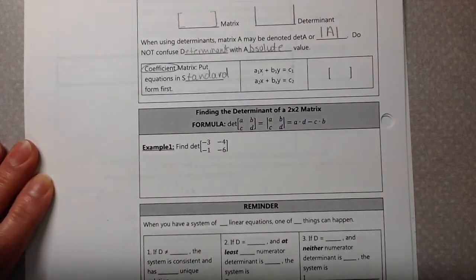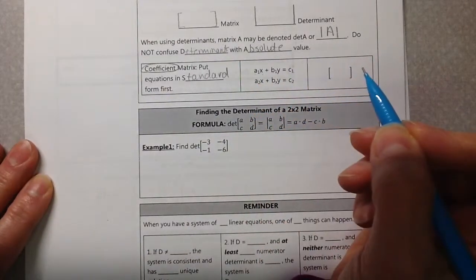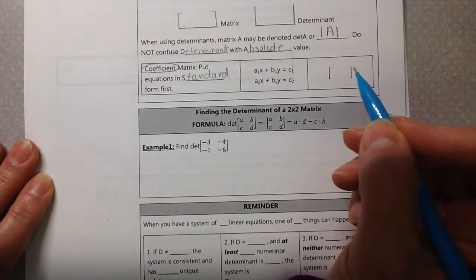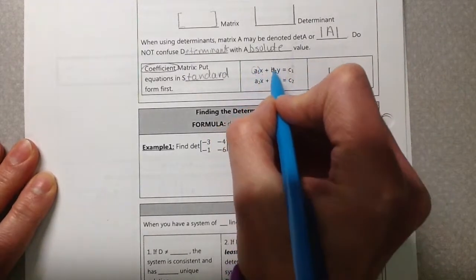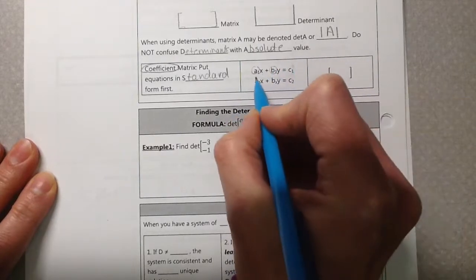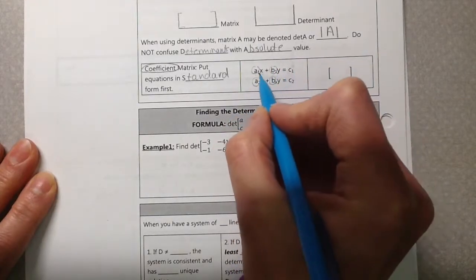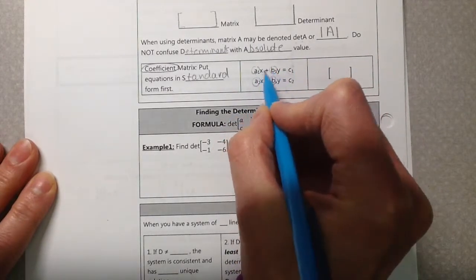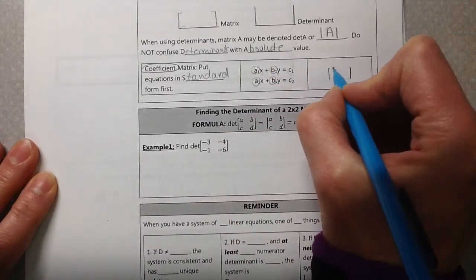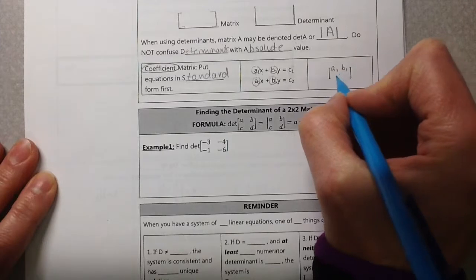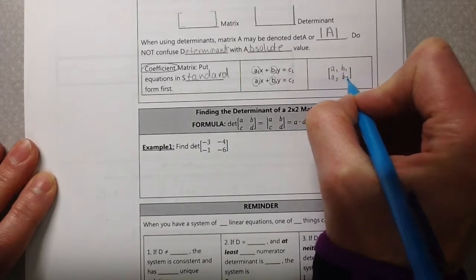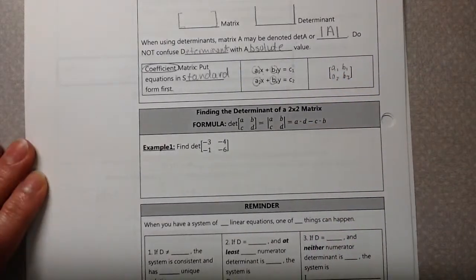So the x and the y go on the left, the constant goes on the right. And the way that you find the coefficient matrix is you look on the left-hand side of the equation and just enter these values. So we want A1, B1, and then A2, B2.